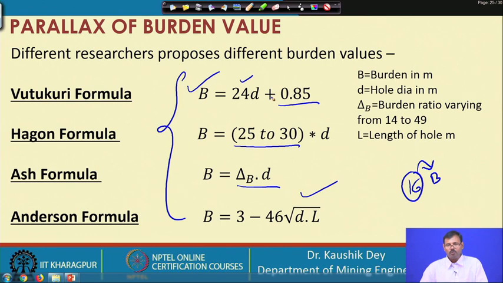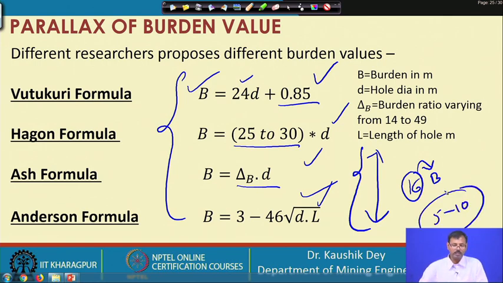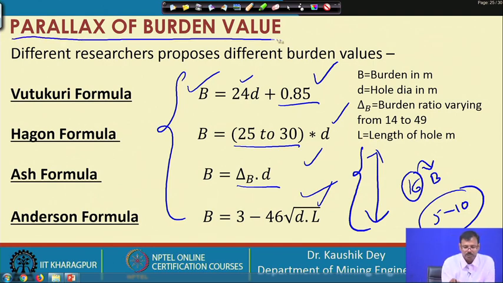If you try to use all those 16 formulas for calculating burden in your own case, you will find the range of results you get from this formula, this formula, this formula, like that 16 formulas, is significantly high, maybe 5 to 10 times the burden value you normally expect.